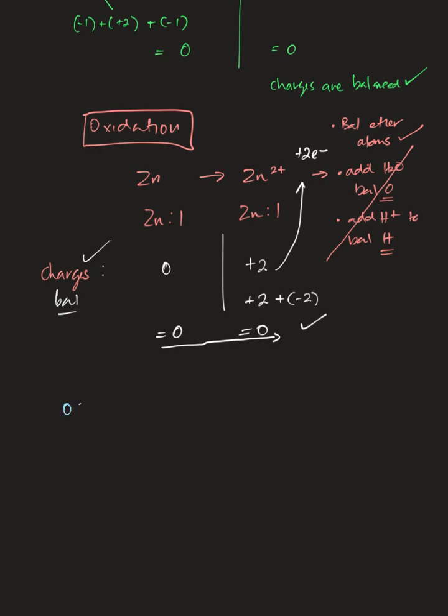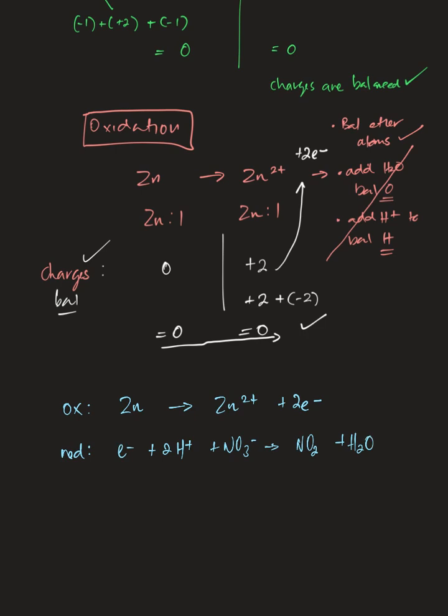I've got my oxidation reaction, which is Zn gives me Zn2 plus 2 electrons. And my other one for reduction is an electron plus 2 H plus ions, plus NO3 minus gives me NO2 plus H2O.